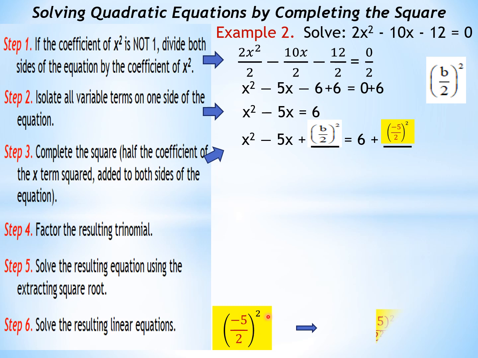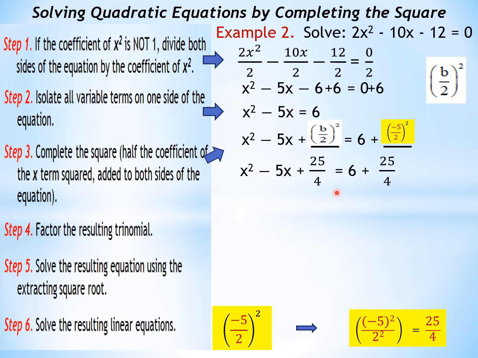So, ang gagawin natin, i-distribute na lang natin yung exponent. So, that is the quantity of negative 5 squared all over 2 squared. So, negative 5 times negative 5 is 25. 2 times 2 is 4. So, ang idadagdag natin both sides of the equation is 25 divided by 4.